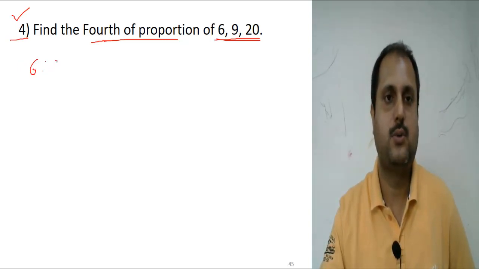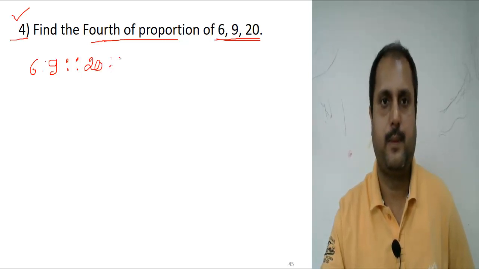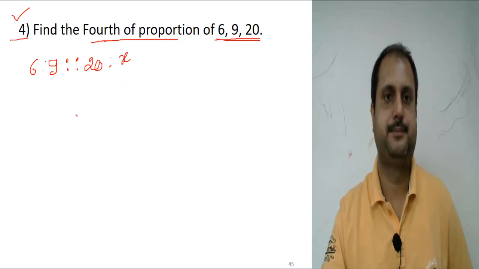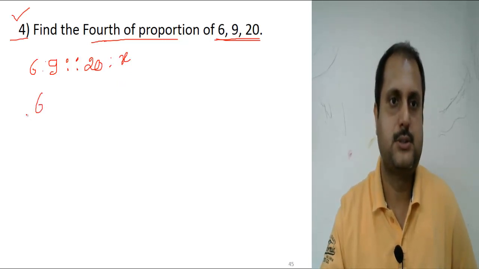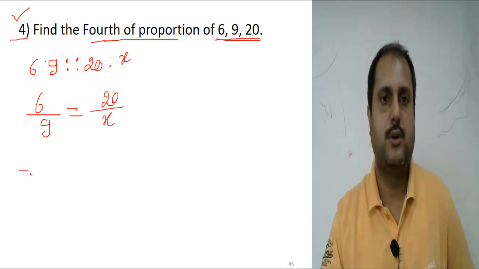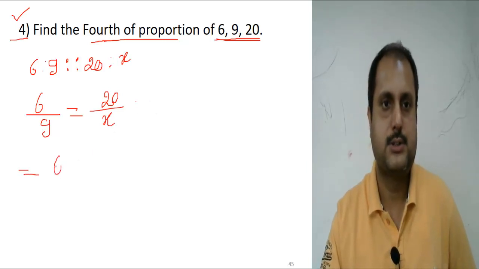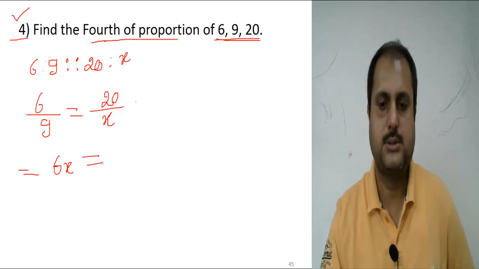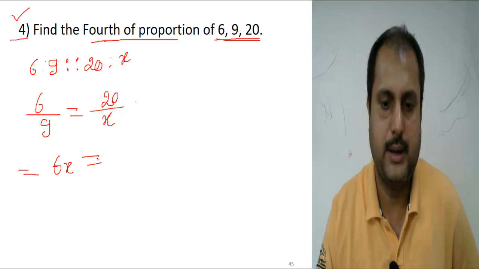6 ratio 9 is in proportion with 20 ratio x. So 6 by 9 equal to 20 by x. So how will you solve it? Let's solve. 6x equal to 20 multiplied by 9.